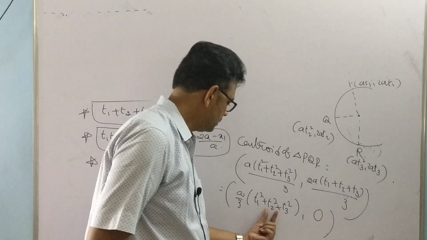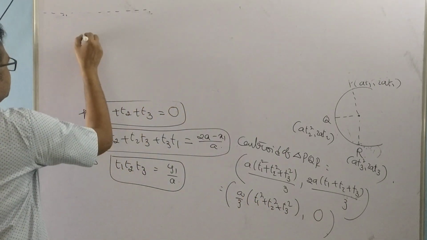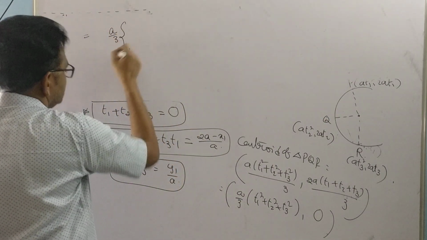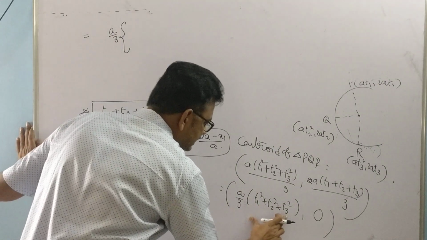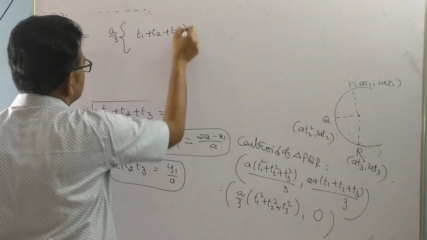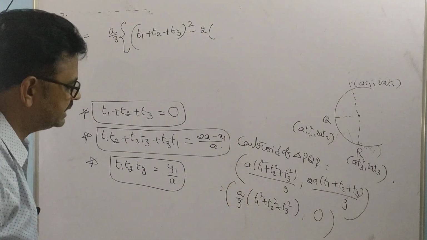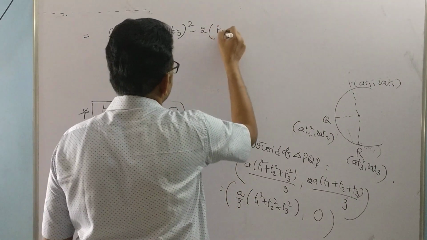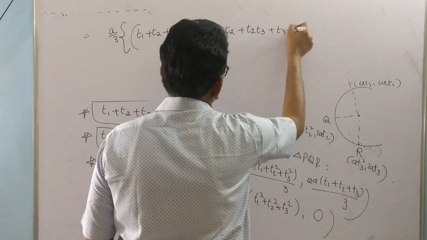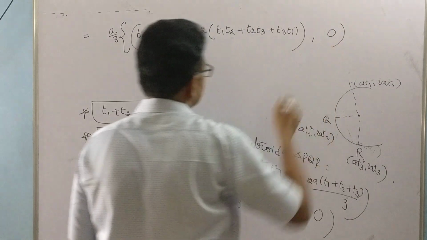And also, how to find the centroid of the triangle? This can be written as a by 3 into, so this is a square plus b square plus c square, which can be written as (t1 plus t2 plus t3) whole square minus 2ab minus 2bc minus 2ca, that is minus of (t1 t2 plus t2 t3 plus t3 t1), comma, that is 0.